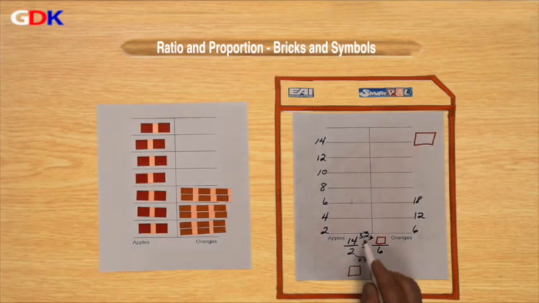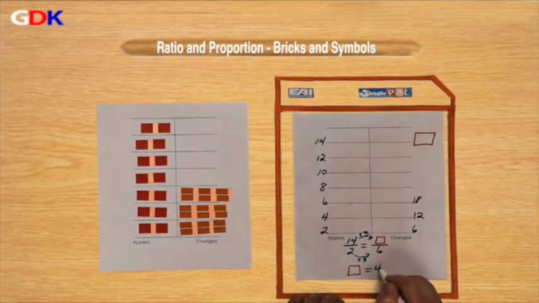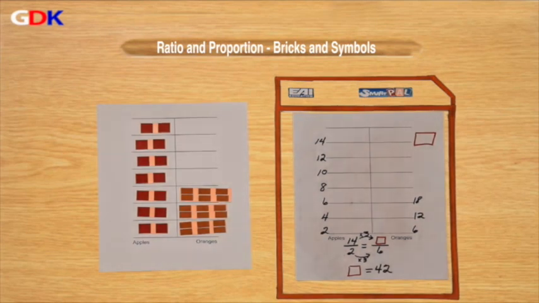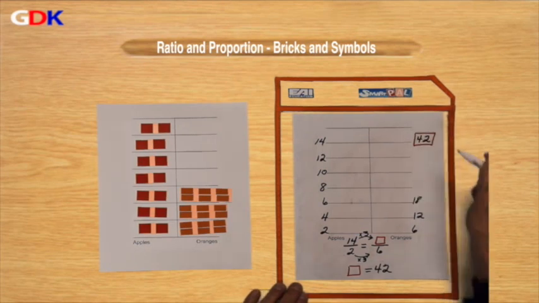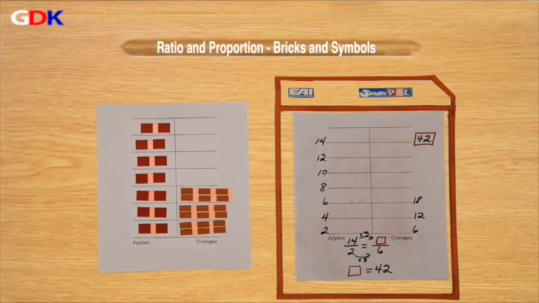Well, 14 times 3 is 42. So that means that if I'm matching up apples and oranges at a rate of 2 to 6, and I want to find out how many oranges match up with 14 apples, my answer is 42 oranges. And the reason all of this is happening is because I'm matching up my apples and oranges at a rate of 2 to 6.